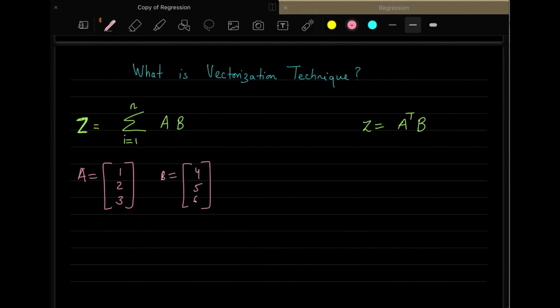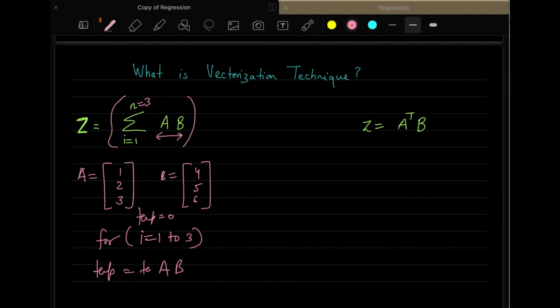Now if I want to implement this expression, which is the summation of i running from 1 to n, where n will be 3, of a times b, then in normal programming you will use a for loop. You will use a for loop for i running from 1 to 3, and multiply a and b, adding the product into a temporary variable which you set to 0.